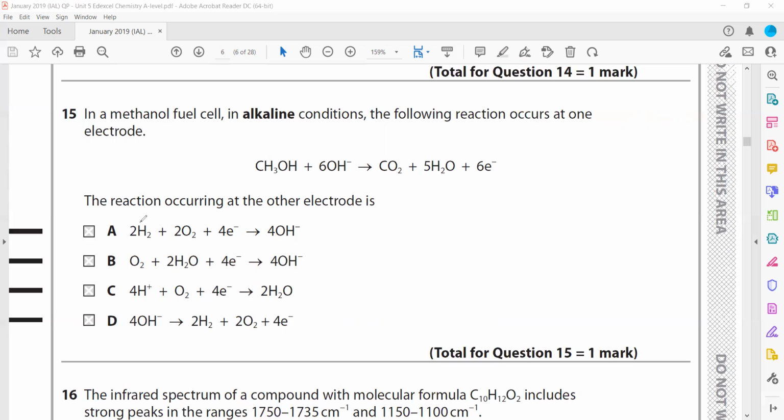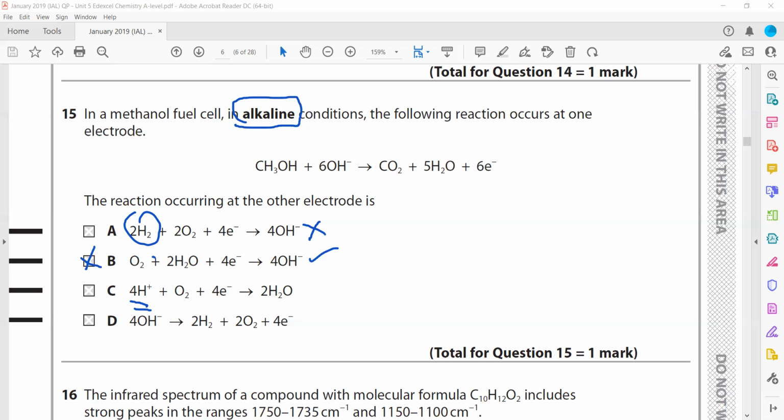Here they give you hydrogen gas, but this is a methanol fuel cell, so it does not involve hydrogen. Then you are left with B and C. Why can C not be an answer? Because C involves a proton, but they mention it is an alkaline condition. In alkaline condition it's not the H+ ion which is responsible, because H+ ion comes from acid. So it should be the OH- ion. And the second thing, oxygen gains 4 electrons and forms hydroxide ion. So B will be the right answer.